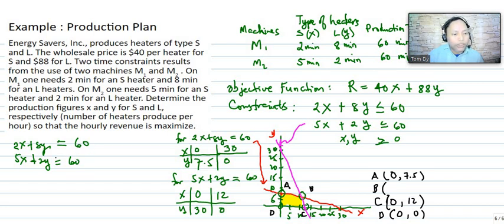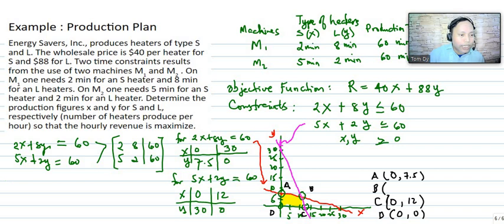We will be using determinants for this case so that we can find the values of x and y. We combine the two equations. In determinants, using their augmented matrix, we have 2, 5, 8, and 2, which is equivalent to 60, 60. When we solve the value of x, that is equivalent to 2 times 2, that is 4.